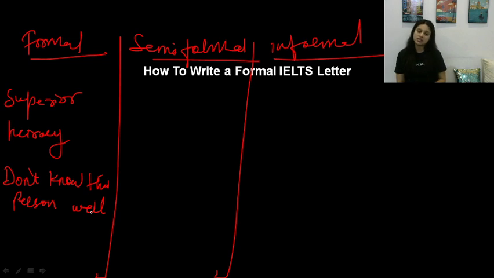By hierarchical relationship, I mean the person is superior to you, or you're supposed to respect this person due to some reasons. You're writing a letter to an officer. He's superior. You're supposed to respect him. Writing a letter to your boss, to your principal, to your teacher. These are all formal letters because you're not friends with them and they're superior to you.